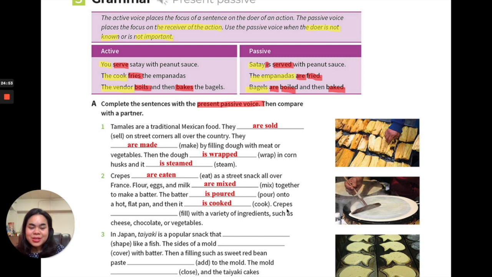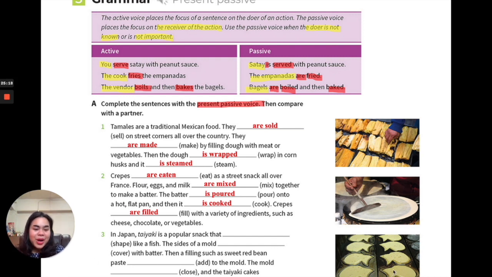It is cooked. Crepes fill with a variety of ingredients. So now you add the fillings, okay? So crepes, plural, are filled with a variety of ingredients such as cheese, chocolate, or vegetables. So up to you. It can be savory, it can be sweet. Depends on the filling.